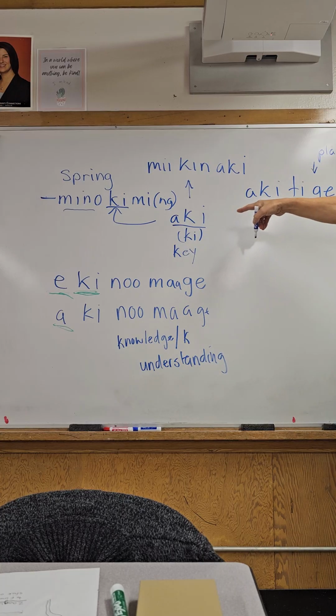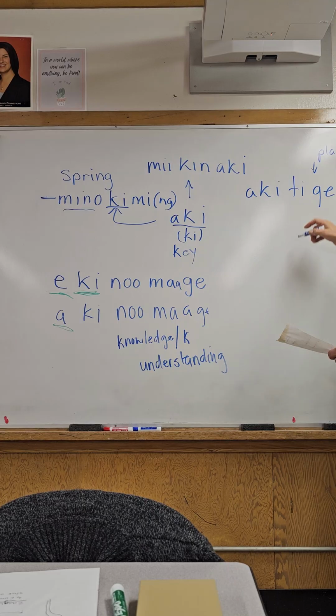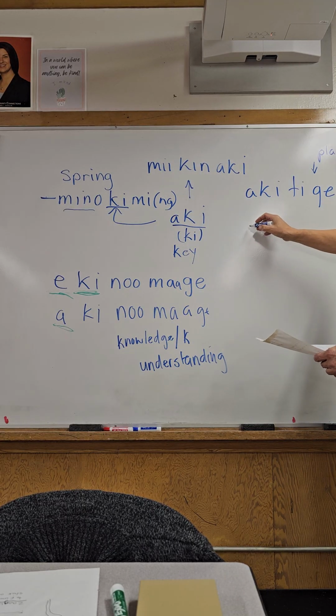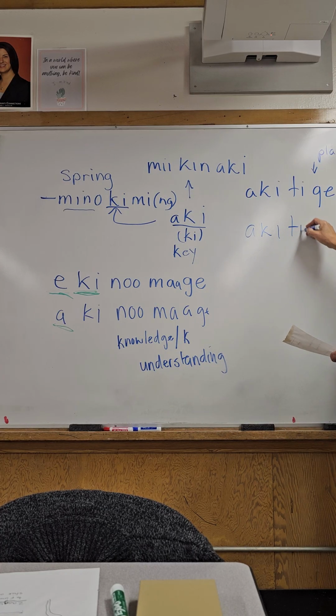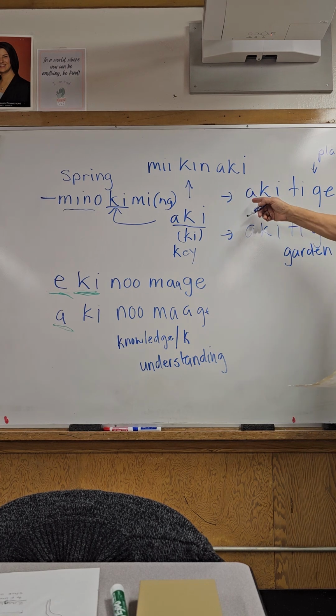So that's associated with the spring season. From here, from summer, we have the summer, sorry, I got these screwed up too. Kitigaden. That's a garden. Okay, so this is a garden. So spring, a kitigeden.